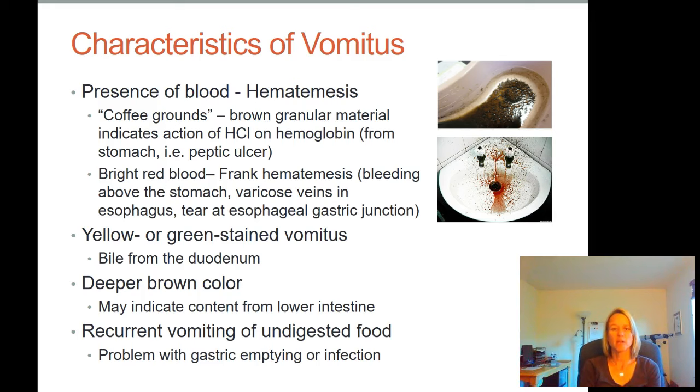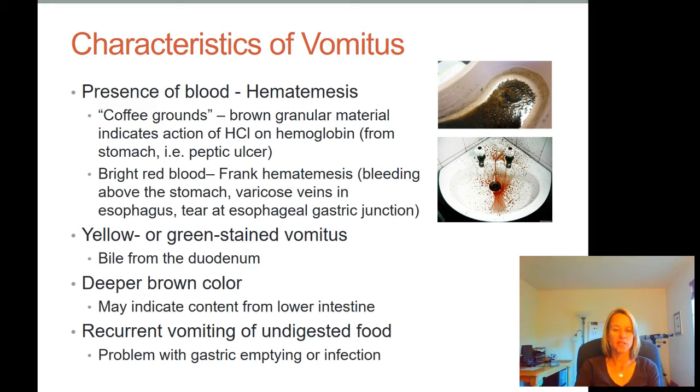If it's bright red blood, or frank hematemesis, this is bleeding above the stomach, and this could be due to things like varicose veins in the esophagus or a tear at the esophageal-gastric junction. Yellow or green stained vomitus indicates you are vomiting up bile from the duodenum. A deeper brown color can indicate material from even further down, from the lower intestine.